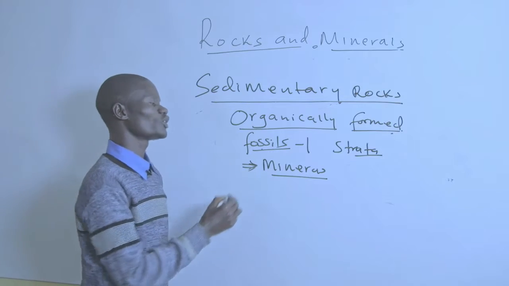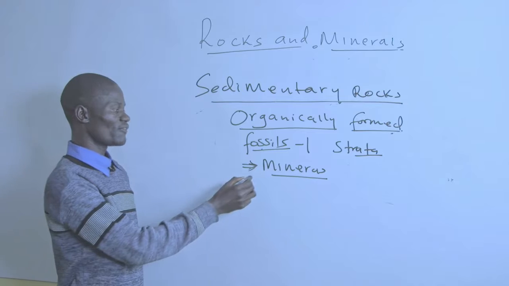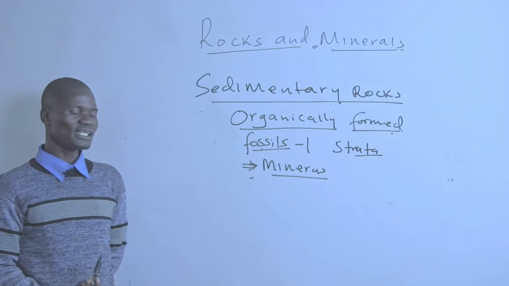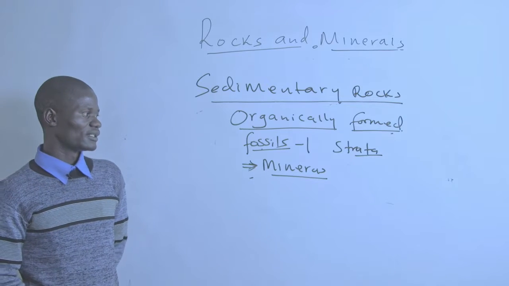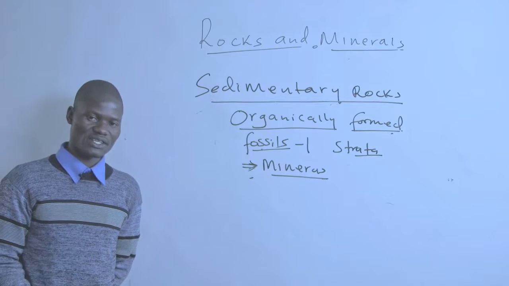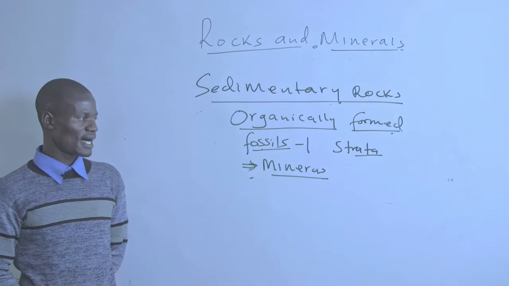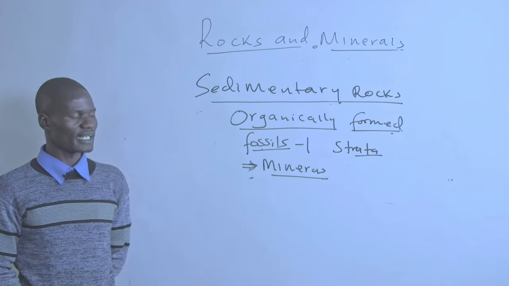It will lead us to also understand what a mineral is. And a mineral here is an organic or naturally occurring substance that is formed either on the earth's surface or beneath the earth's surface. And there are various types of minerals here.